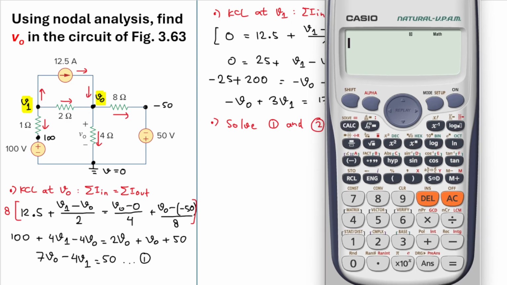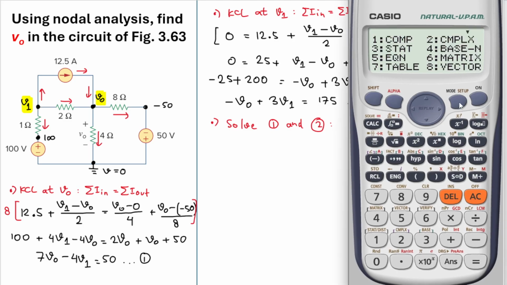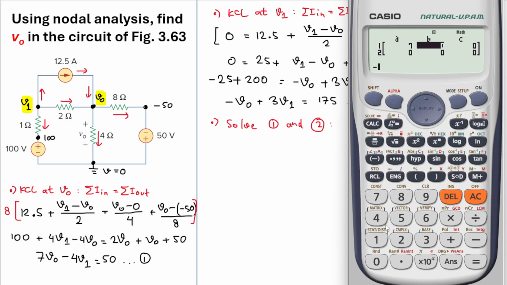Okay, let's set up our calculator as equation solver. So here we will have this one, set up this button, and then number of variables is 2, which is number 1. Okay, so let's plug in the coefficients. So I'll have 7, minus 4, and then 50, good, and then we will have minus 1, and then 3, and then 175.